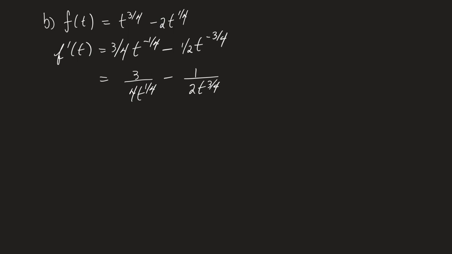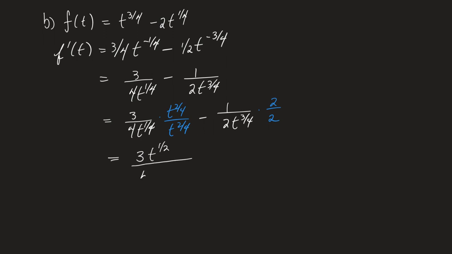Now, what is the common denominator? Well, if I multiply t to the 1/4 by t to the 2/4 or t to the 1/2, I get t to the 3/4. And here, if I multiply this by 2, I get 4. So my common denominator is going to be 4 t to the 3/4. So I've just written this to indicate what I'm doing here. And so when I multiply that, I get 3 t to the 2/4, which we should really write as t to the 1/2.